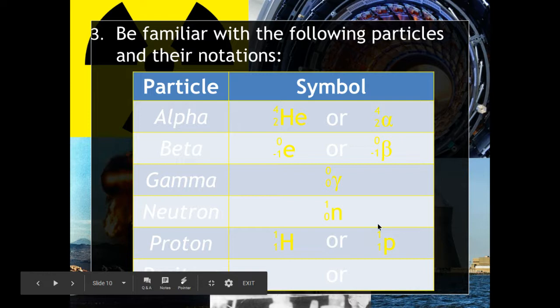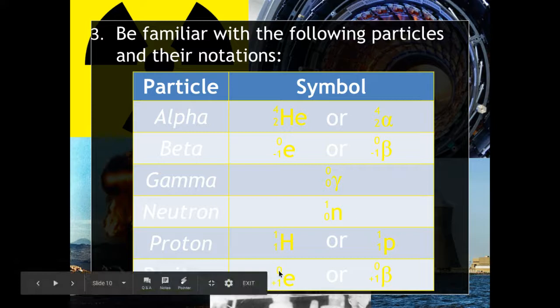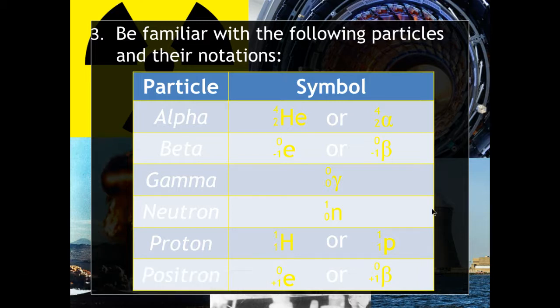Same thing, written as proton right here with a P. Here is a positron. Positrons are just a subatomic particle with the same mass as an electron, so roughly 0, and an equal positive charge. And we write that as beta plus 1 because it's an electron with a positive charge. It's a particle, actually, not exactly an electron.